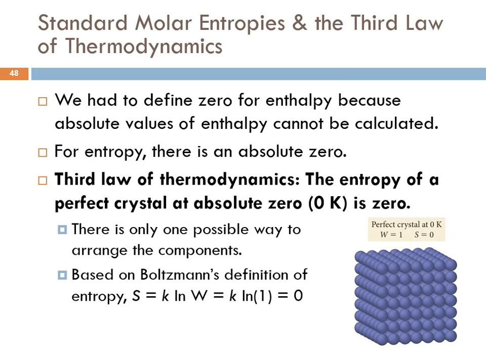With enthalpy, I don't know if you remember this, we kind of had to make up what 0 was because there's no absolute 0 for enthalpy. And so what we said was the elements in their standard states, that's 0 enthalpy. And we can measure the change from there, but there was no absolute 0 that we could measure from.